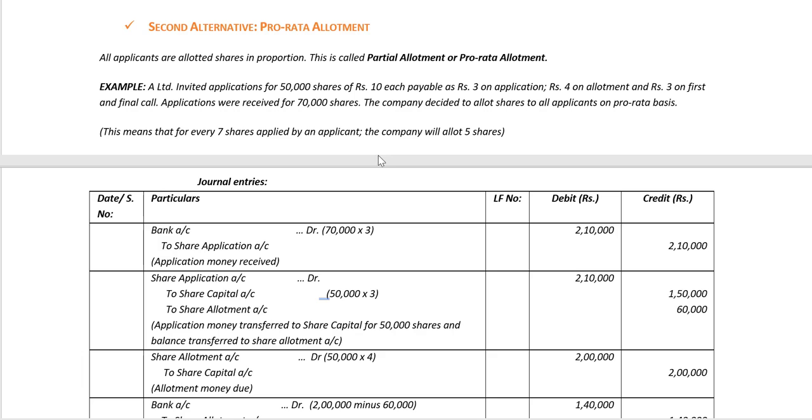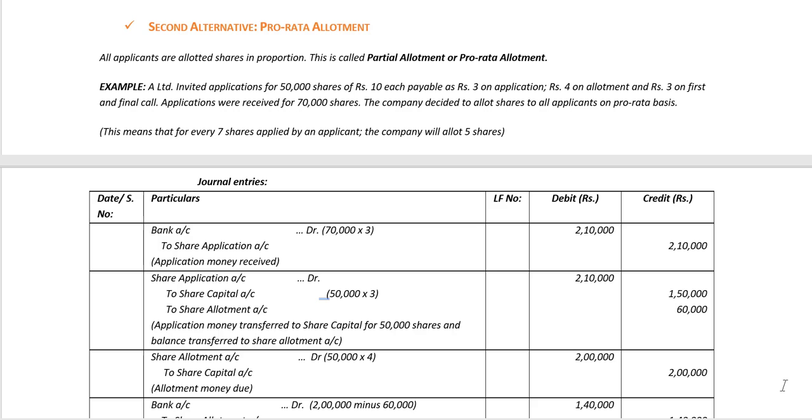So in this alternative, the treatment is like this. The company will accept the application money for 70,000 shares, and the application money for 50,000 shares will be transferred to share capital, because that's the number of shares which has been allotted. And the remaining application money, which in this case is 20,000 shares multiplied by 3, rupees 60,000, the company will transfer towards share allotment account.